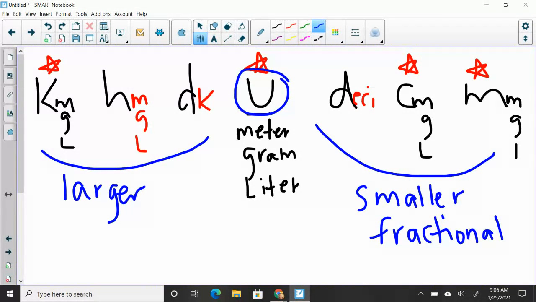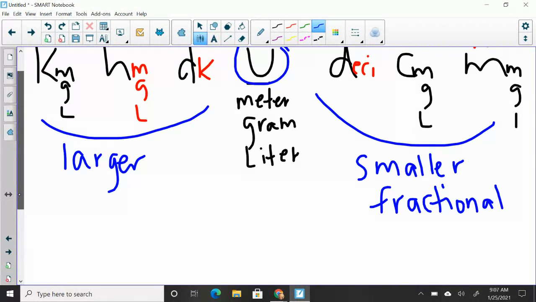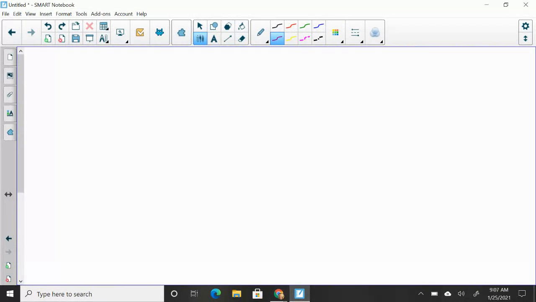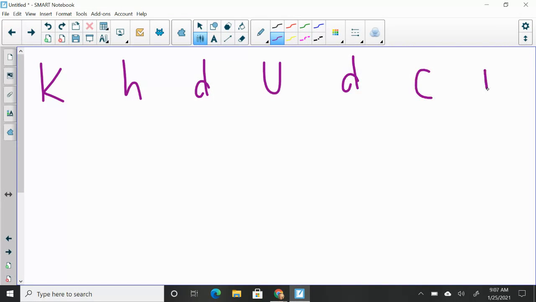Okay. So when we are thinking about making a conversion, I'm going to end up running out of room here. I'll scoot this down just a touch. All right. Let me rewrite this on this side. We have King Henry died unusually drinking chocolate milk.